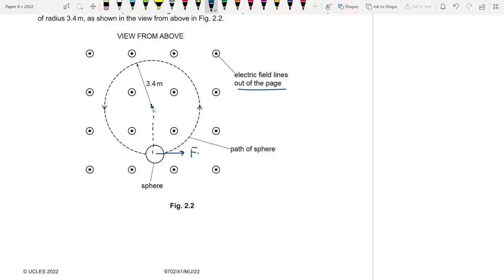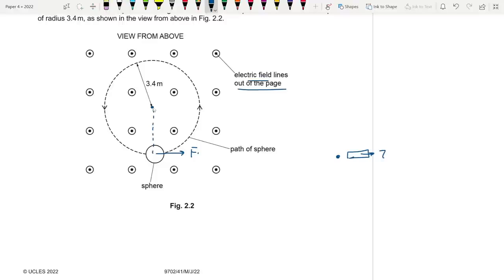Your thumb should be pointing to the right, and the middle finger should be pointing towards you, out of the screen. If you're doing this on the screen, your thumb should be pointing to the right, and your middle finger should be pointing out of the page, just like the electric field line, because the middle finger denotes the electric field line.